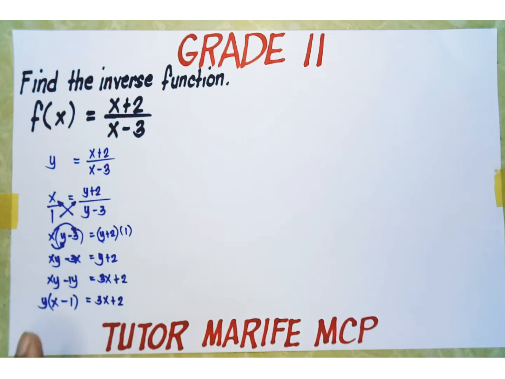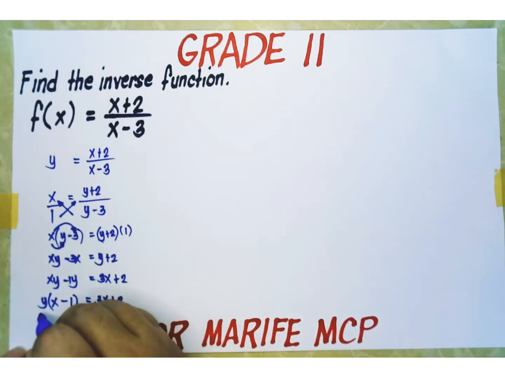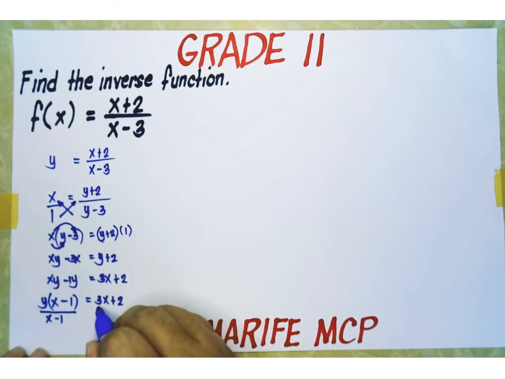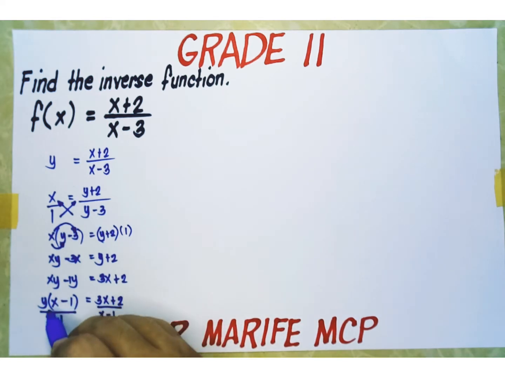Now it's easy to isolate the y. We just have to eliminate the x minus 1 from the left side. How? We divide both sides of the equation by this expression, x minus 1, in order to cancel out the cofactor of y.